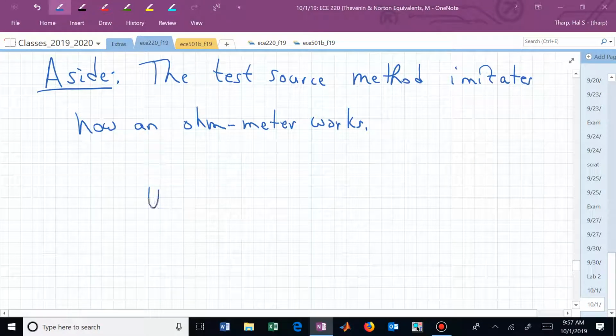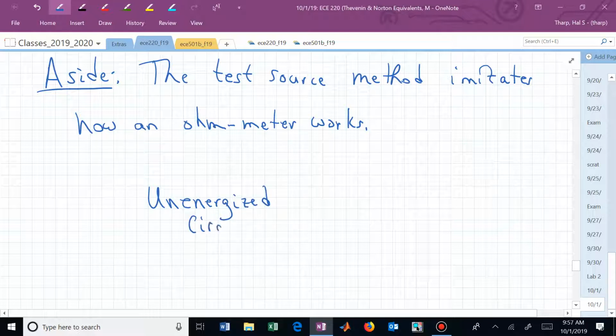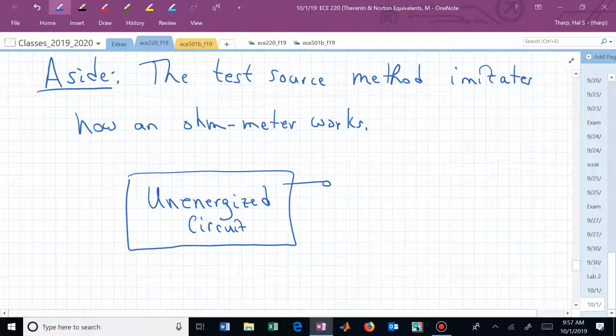Meaning, if I now had an unenergized circuit sitting here, and I had two terminals, A and B.